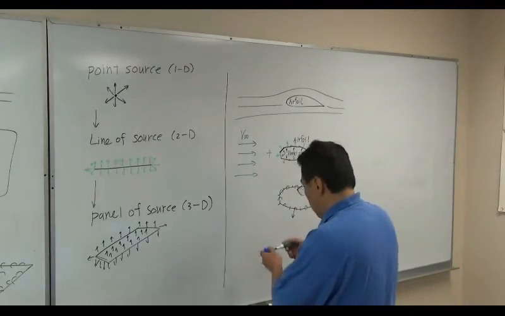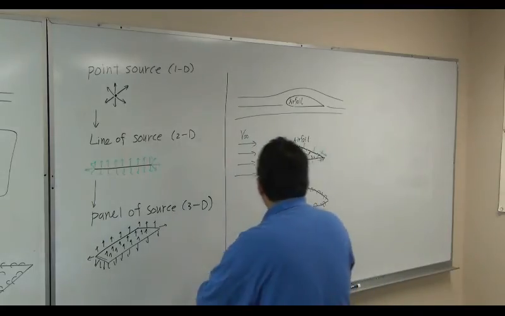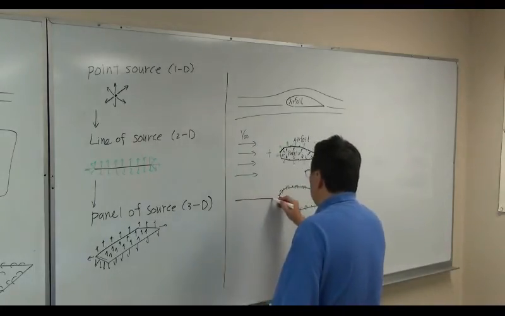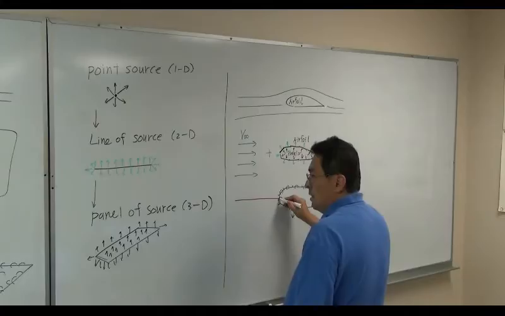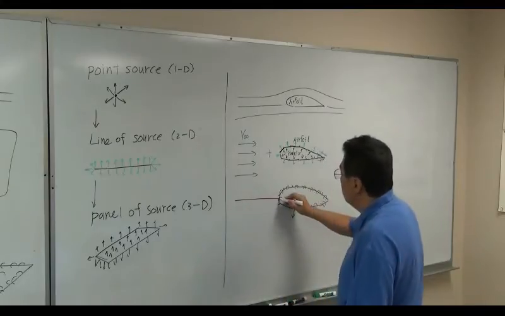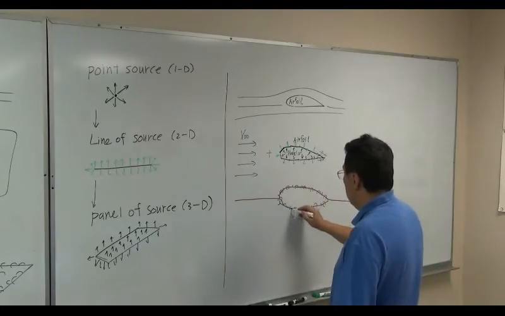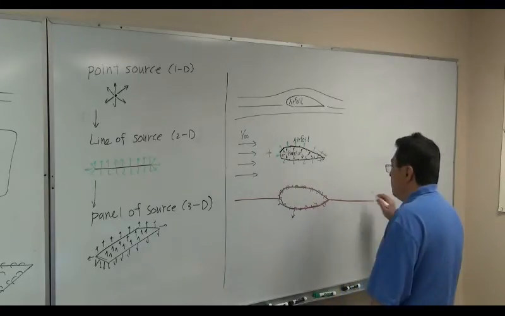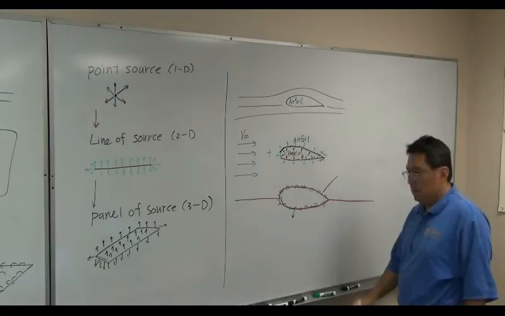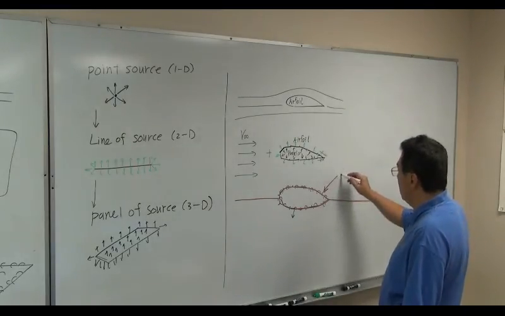Stagnation streamline means that the streamline hits the stagnation point and then flows over the surface and flows away. Remember, stagnation streamline defines the solid body surface in ideal flow.